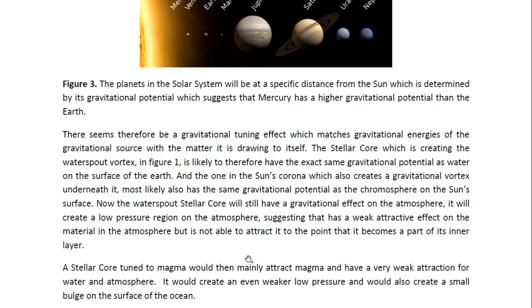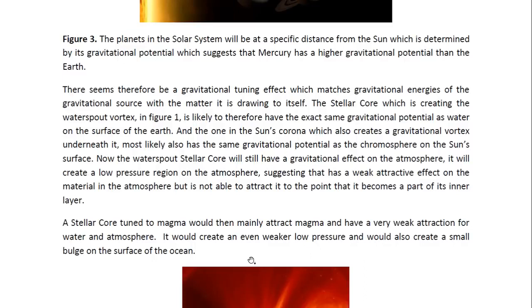Now, the water spout stellar core will still have a gravitational effect on the atmosphere. It will create a low pressure region in the atmosphere, suggesting that it has a weak attractive effect on the material in the atmosphere. But it is not able to attract it to the point that it becomes part of its inner layer.